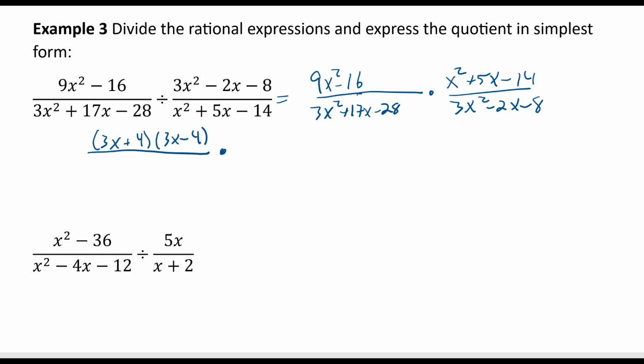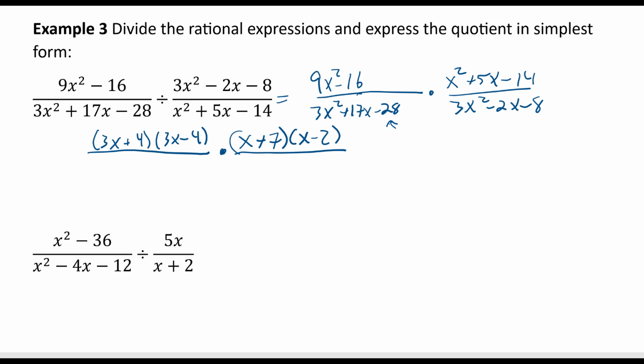Let's see. x squared plus 5x minus 14. Okay, that's going to be x, okay, 14 would be 7 and 2, so x plus 7 times x minus 2. Okay, I'm willing to bet that this down here, just looking at the problem layout, let's see the x plus 7 and the 3x plus 4.